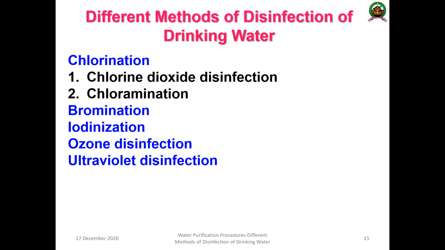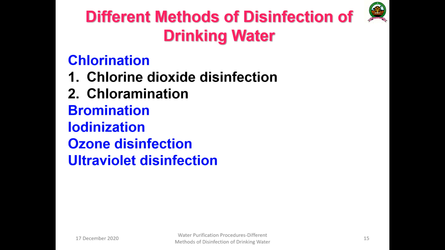Now we are going to discuss the various methods of disinfection of drinking water. What are the various methods of disinfection of water? We have already discussed that disinfection is the final step, where it removes the harmful microorganisms that remain without destruction from the sedimentation or flocculation tank.